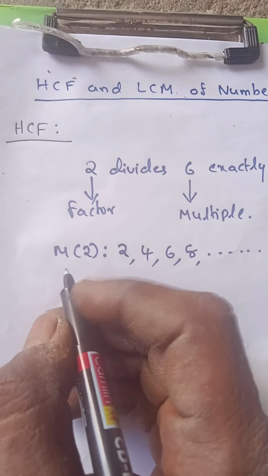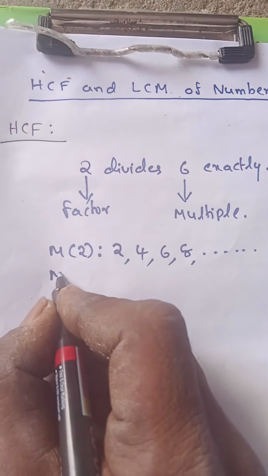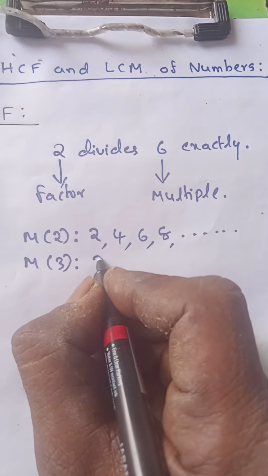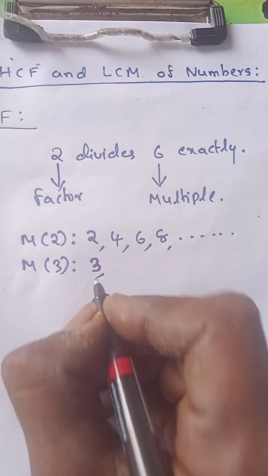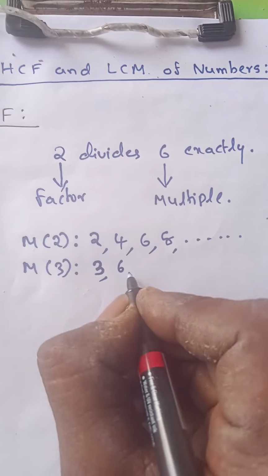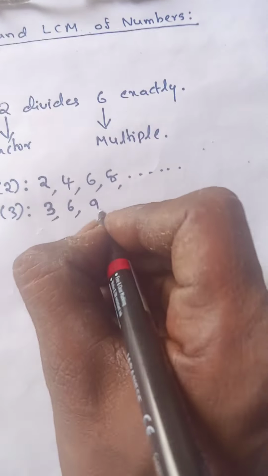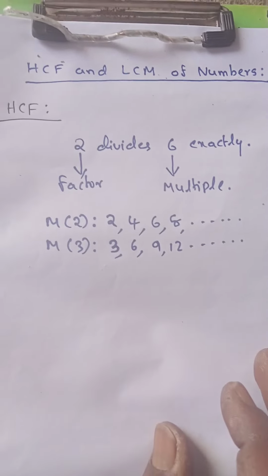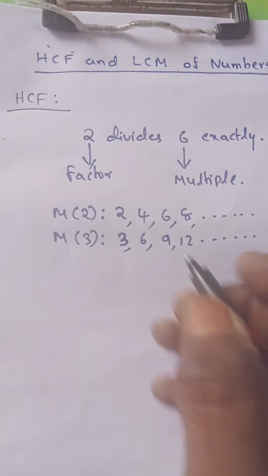In the same way, if I want to write the multiples of 3, you can write easily, starting with the first multiple, 3. 3 1s are 3, 3 2s are 6, 3 3s are 9, 3 4s are 12. Like that we can write all the multiples of 3. Very easy.